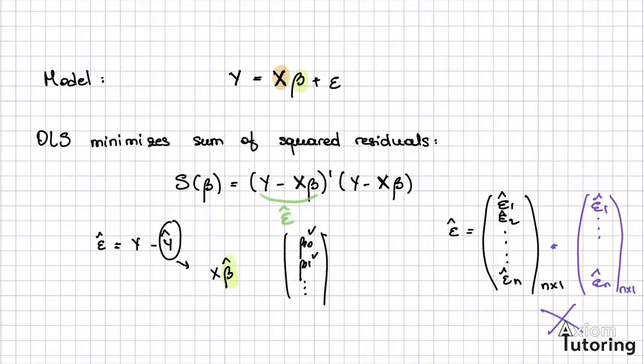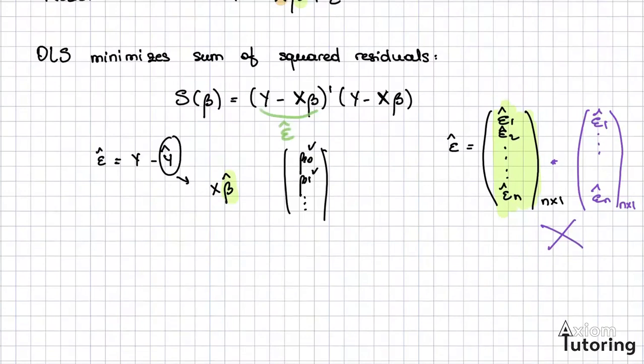Well, if the first one is transposed, then its dimensions will match the ones of the residual vector, and we will be able to do the actual multiplication, because technically now this has dimensions 1 times n, while this has dimensions n times 1. So ultimately, we're just going to have a scalar number that is the residual square.